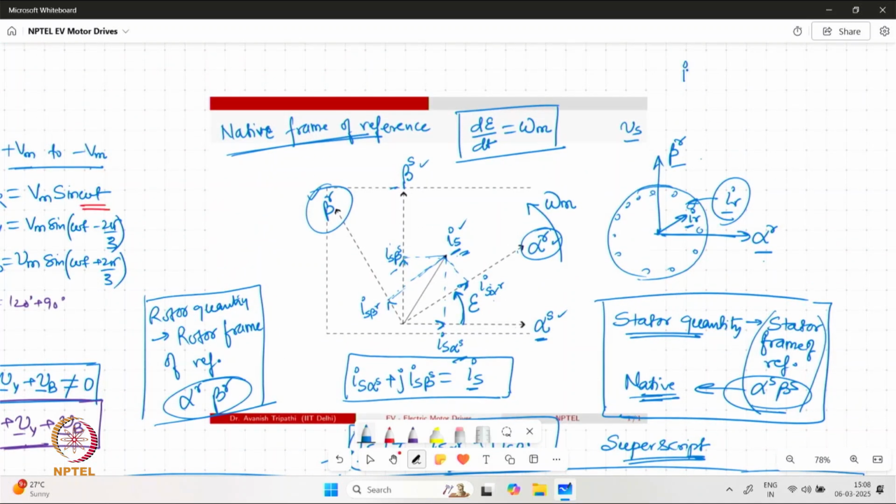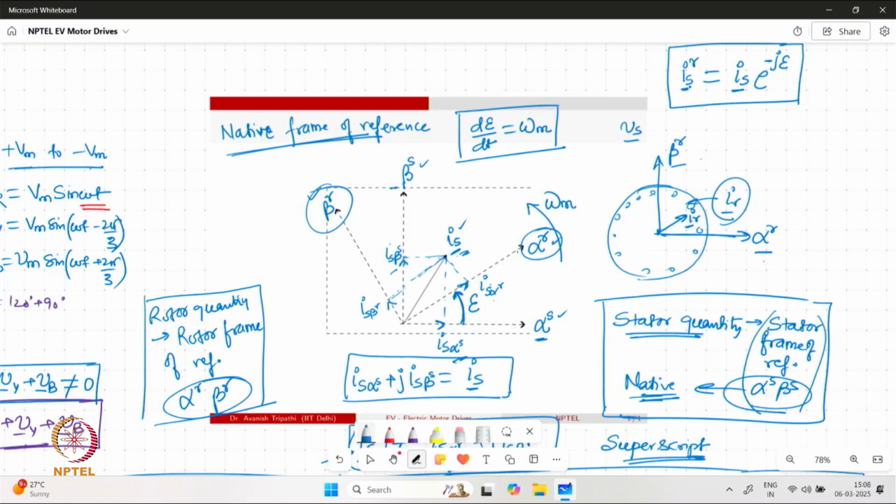So we can write in a compact manner IS^R, which is the new vector in the different frame of reference, as the vector in the old frame of reference, which is known to us, times a unit vector, which is nothing but equivalent to the angle formed between these two frames of reference.